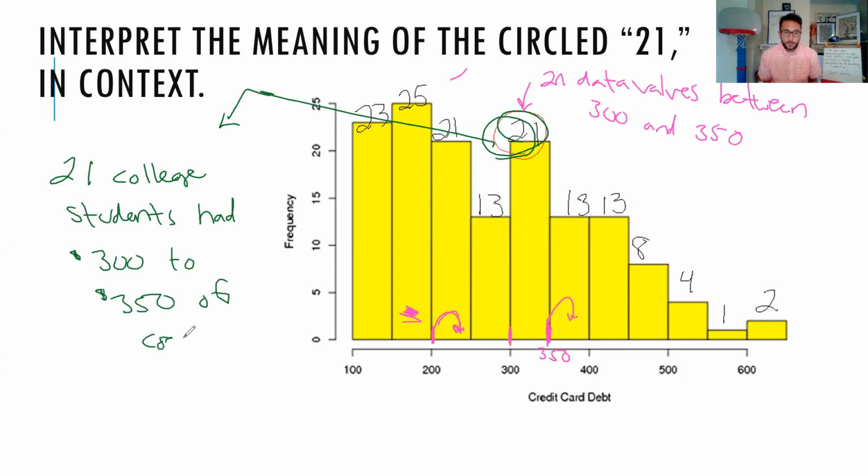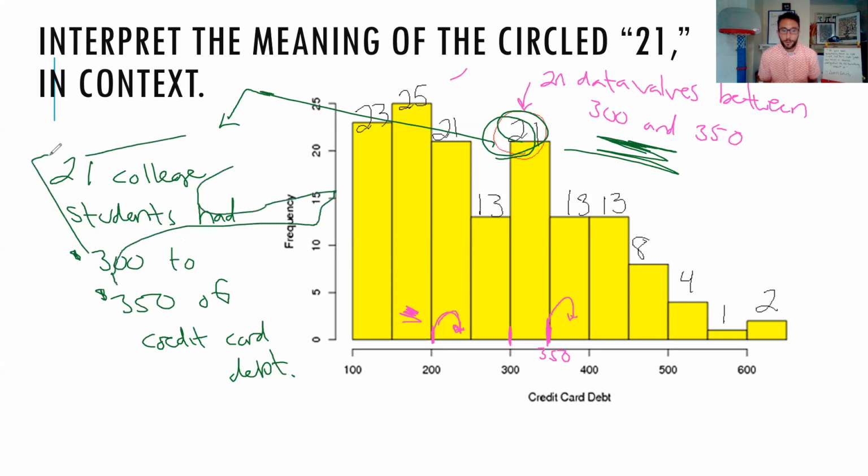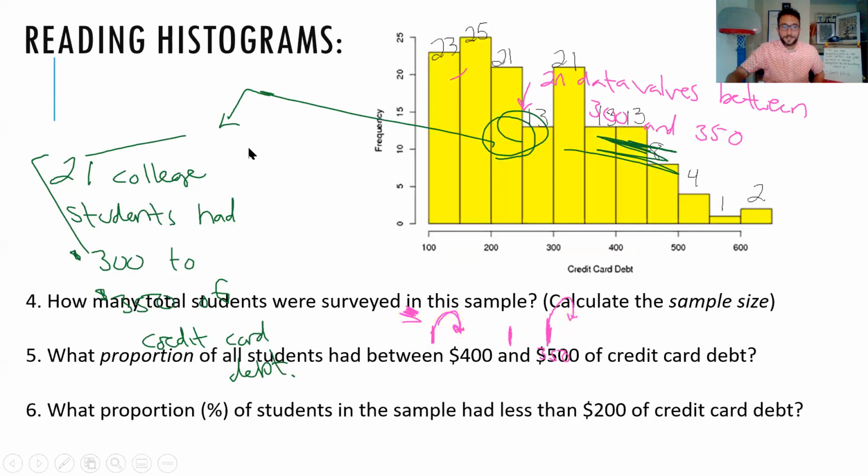Let's be specific: of credit card debt. Now in pink, this person has the right idea, but it's not written well enough for AP stats. Green, context, that's what we want. And so that's what that 21 means there. Just pretend none of that ever happened. So that's that. All right, what do we got next?